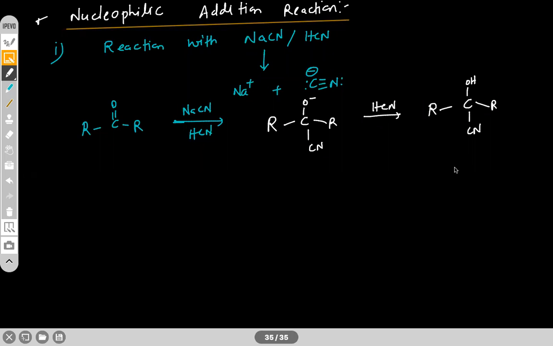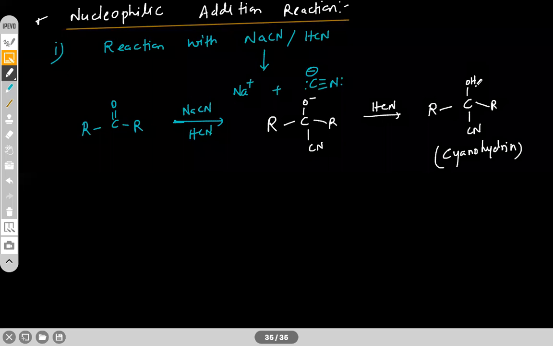So you see the carbon has CN and OH present on it. This molecule is cyanohydrin. We have discussed this in biomolecules, right? Cyanohydrin, CN and OH present on the same carbon.